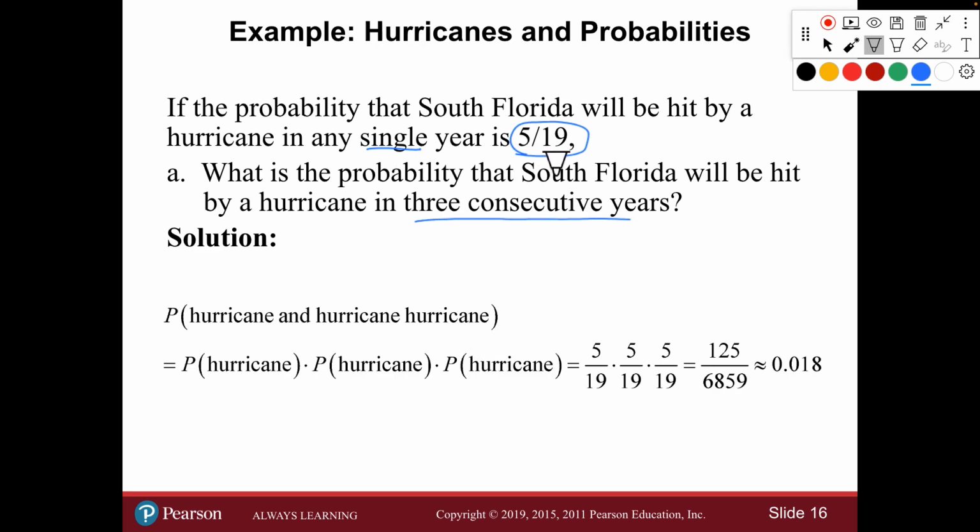If this probability sticks, first year's 5/19, second year's 5/19, third year's 5/19, we multiply it together. Seems like a very small chance, right? About 2%, 1.8%, of getting a hurricane 3 years in a row. That's why people, even with a bad hurricane in a year, say, well, okay, at least the bad hurricane hit, probably won't hit again for a while. But that's what the probabilities tell us.